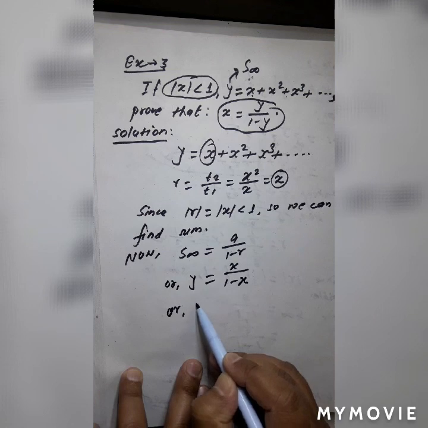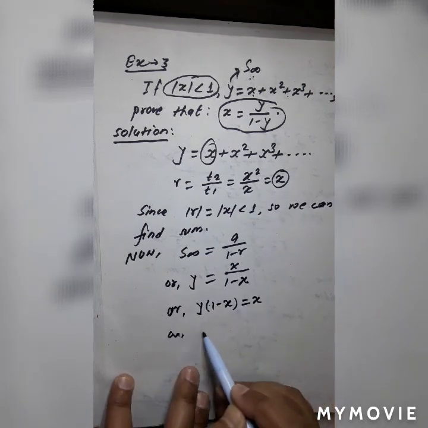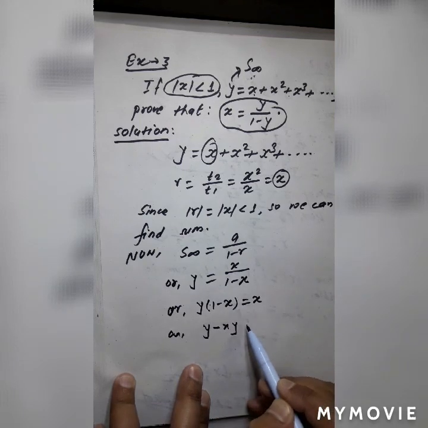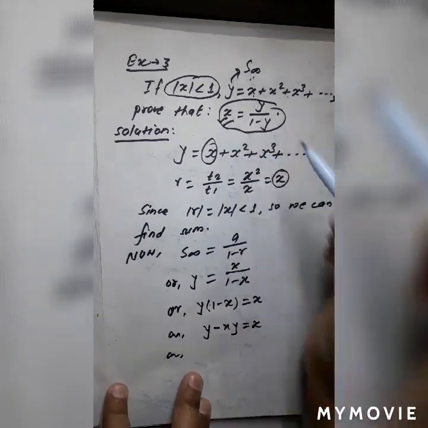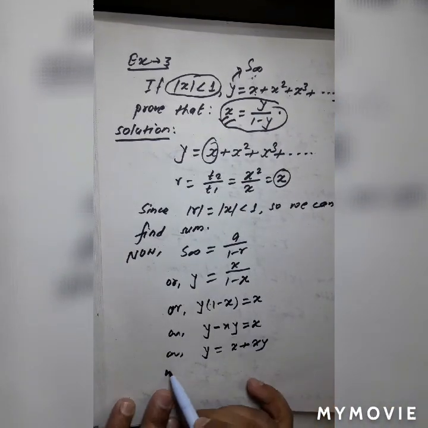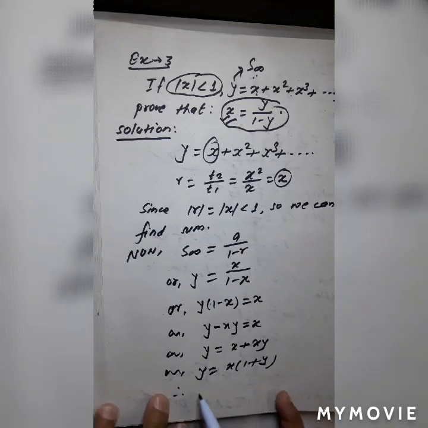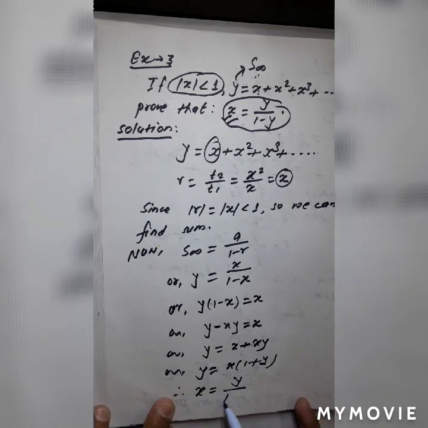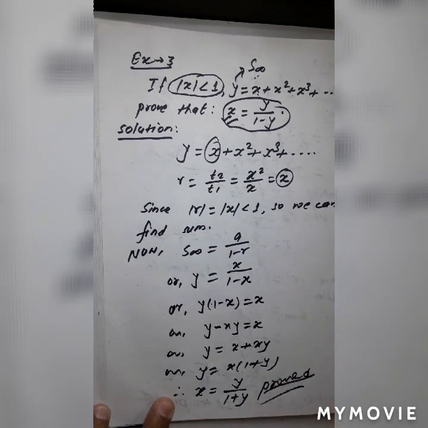Now cross multiply: y times (1 minus x) equals x. We get y minus xy equals x. So we have to bring the value of x. So y as it is, x plus xy. So y as it is, x is common, 1 plus y. Therefore x equals y by 1 plus y. So proved. In this way we can prove such questions.